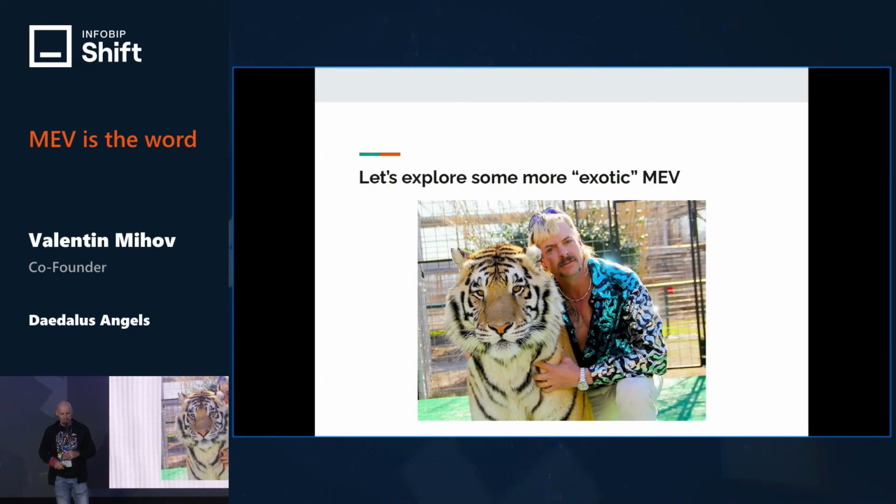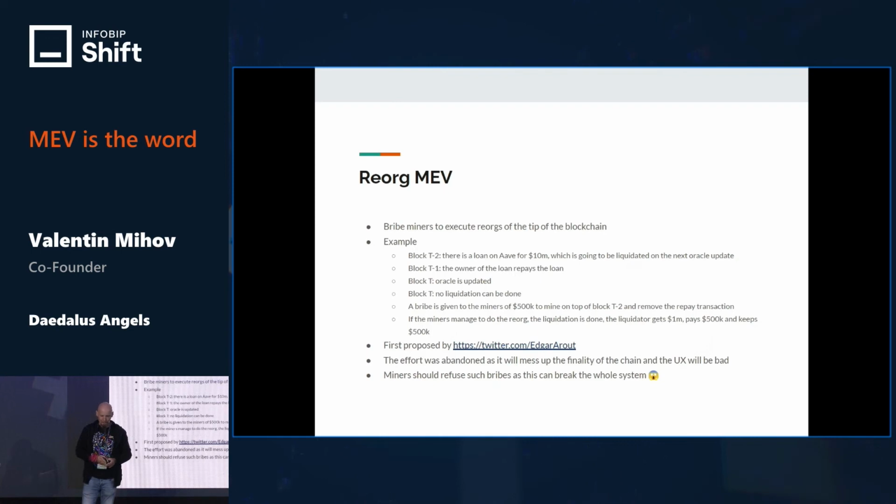So let's see some exotic MEV, some really interesting concepts out there, and some of them even happen in the wild. One of them is the Reorg MEV. What does it mean? In proof-of-work blockchains, miners produce blocks one on top of the other.